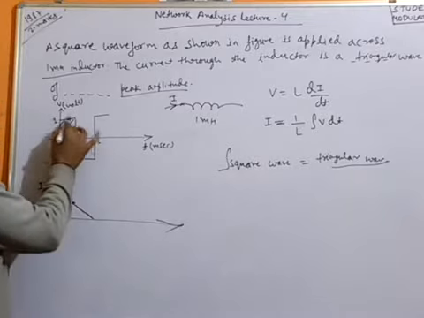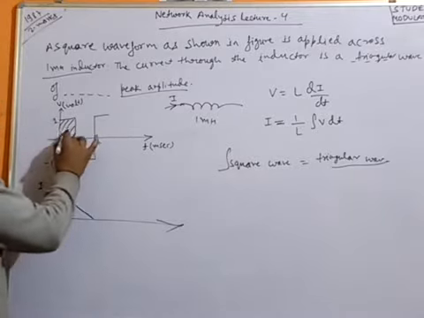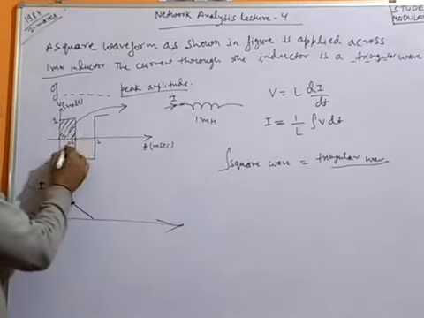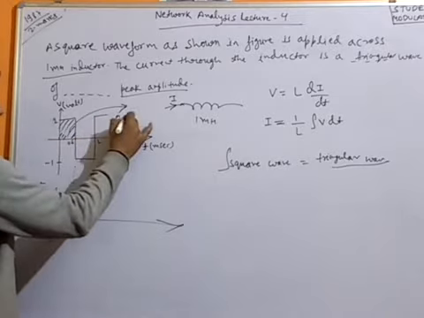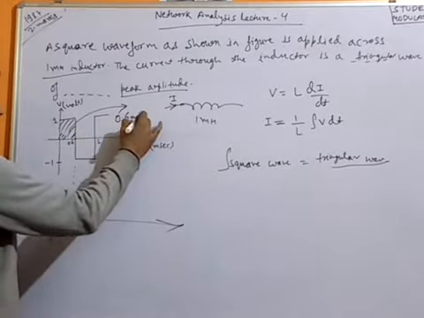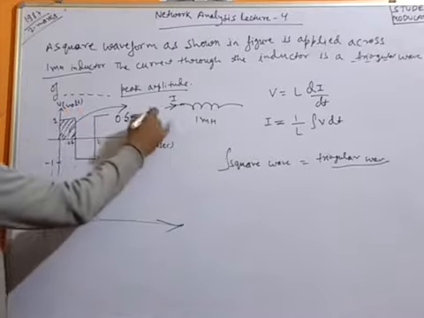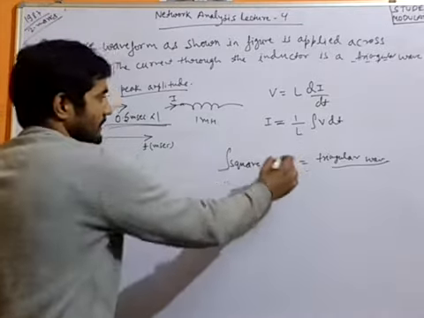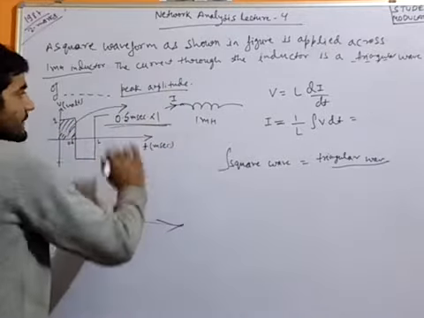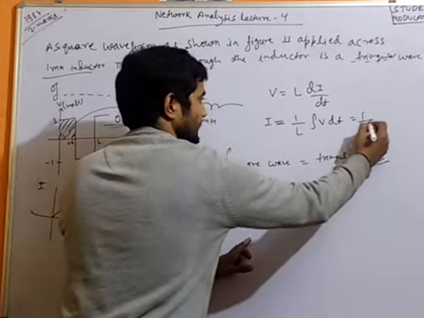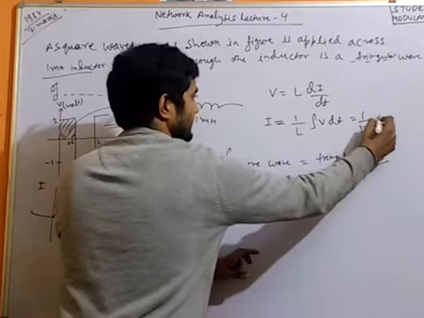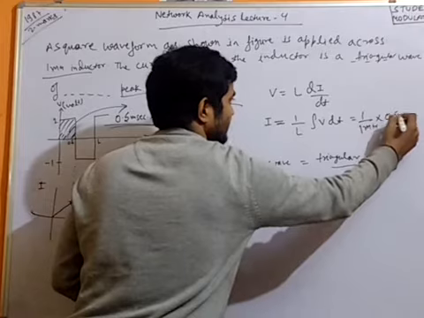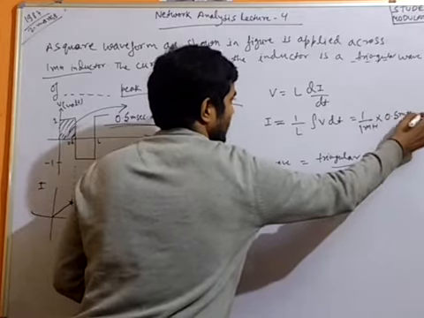So what will be the value of the area? This area will be equal to 0.5 millisecond into 1 volt. So overall, 1 by L, that is 1 by 1 millihenry, into 0.5 millisecond into 1.